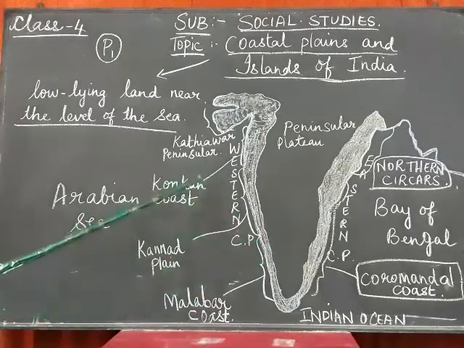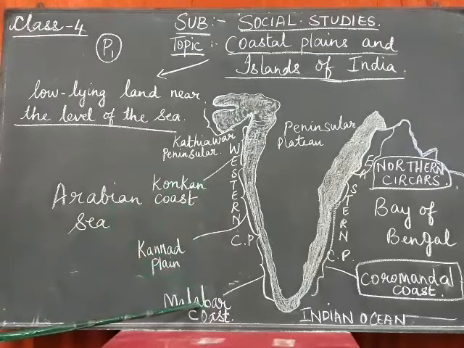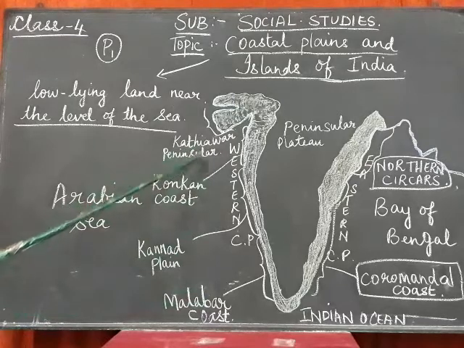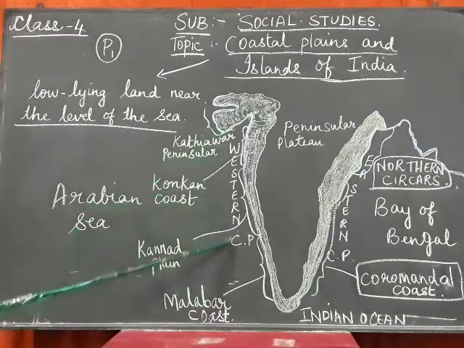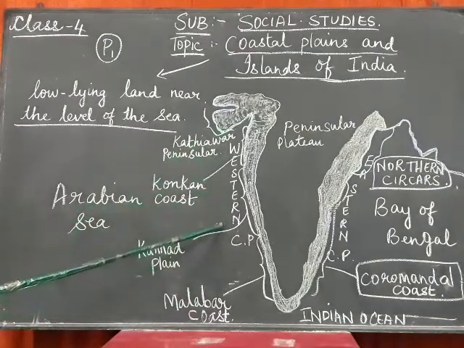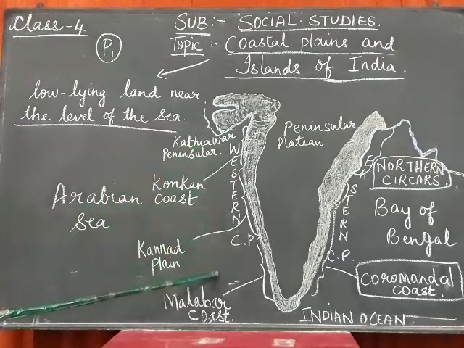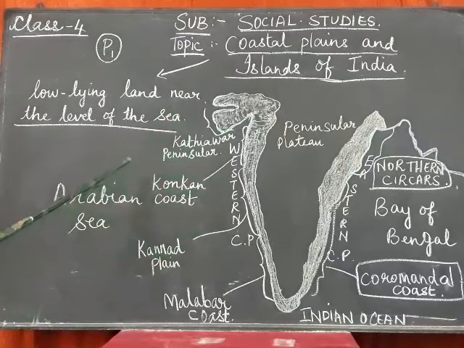So, Konkan coast, Kannad plain and Malabar coast, and in the north we have the Kathiawar Peninsula. All this comes under the western coastal plains. Have you understood till here? Now we will move on in much more detail.